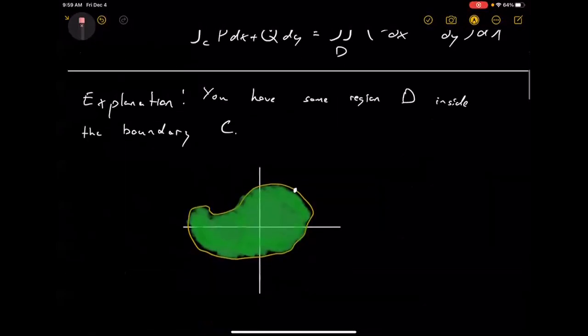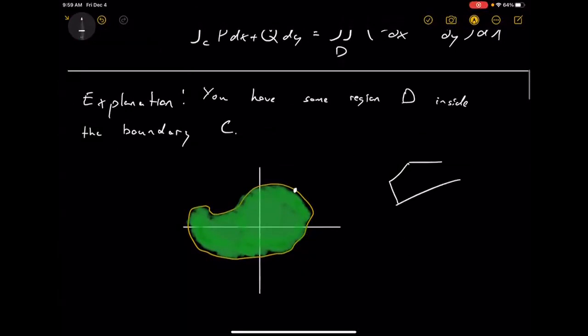Piecewise smooth means this curve could be made up of a couple of chunks. Maybe this is a line segment, this is a different line segment, maybe then we have a bit of a curve here. That's fine.